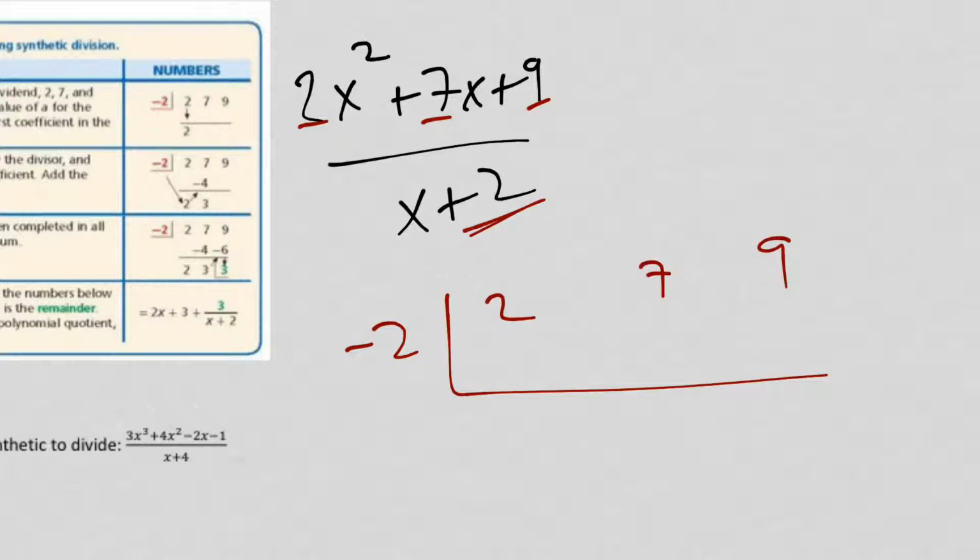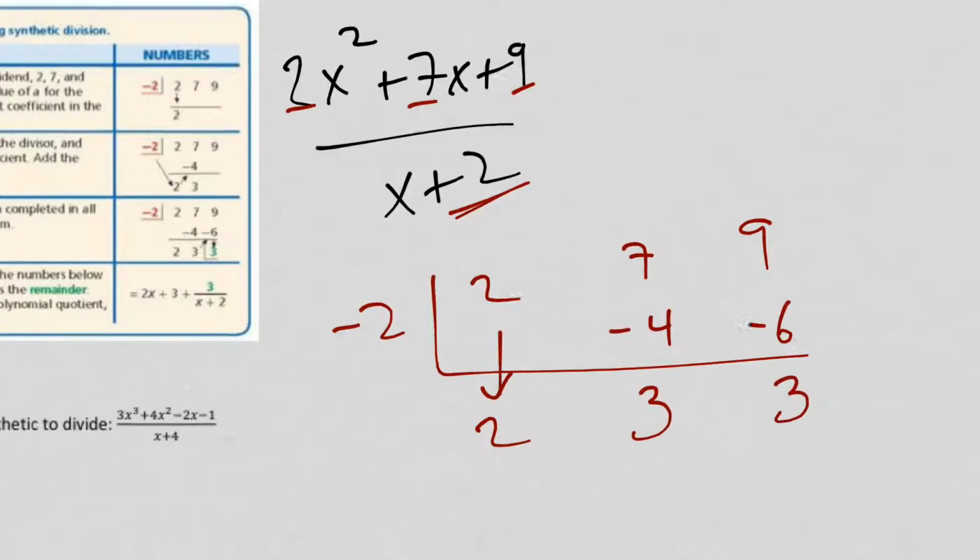Once you start, it always begins the same way. You first bring it down, and then you multiply negative 2 times 2, which you record over here, is negative 4, and then you add. Then you multiply again, negative 2 times 3 to get you negative 6, then you add, and that's that.